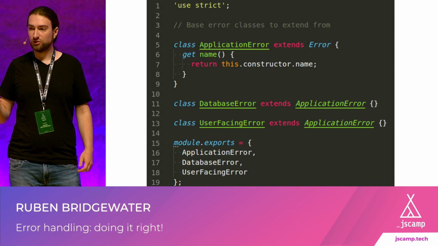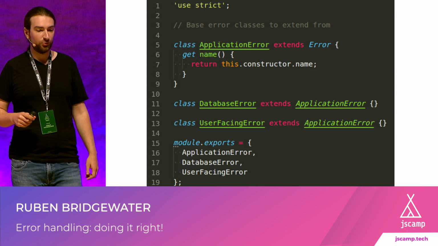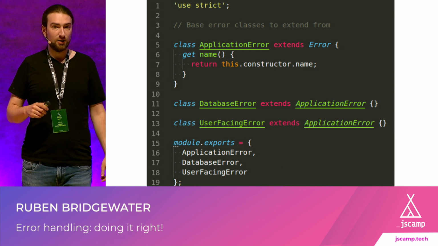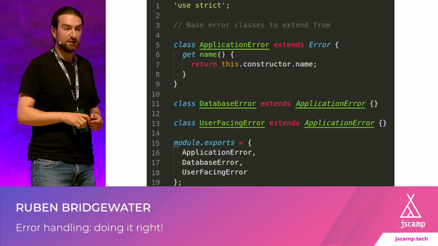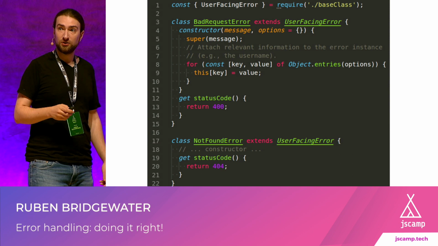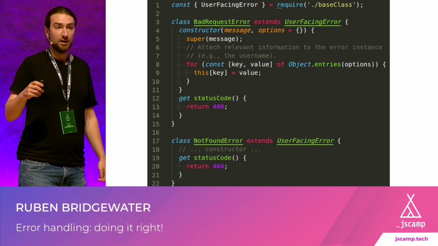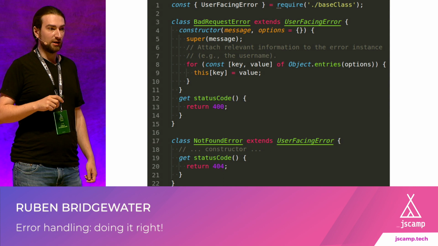We are able to distinguish our errors if we use those error classes. And we can do more with them. So now I make a new error class that is called, for example, bad request error and not found error. And those inherit from the user-facing error.